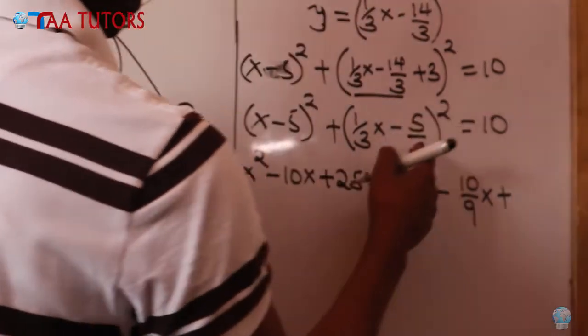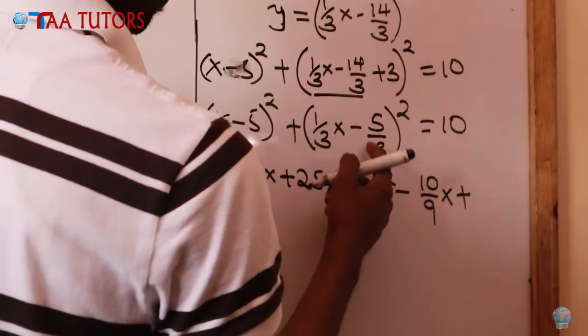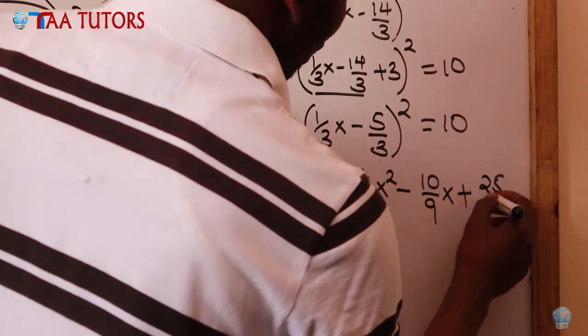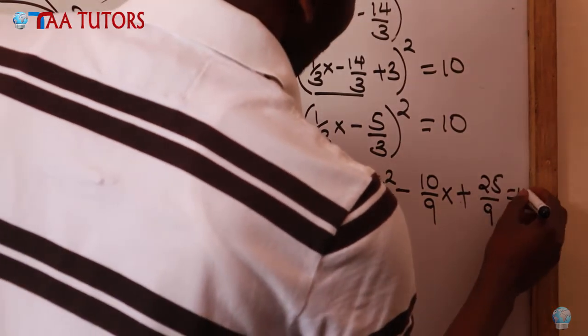Then plus this one squared, negative 5 over 3 squared, which is 25/9, equals 10.